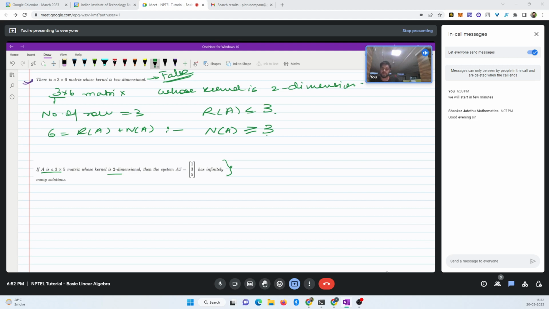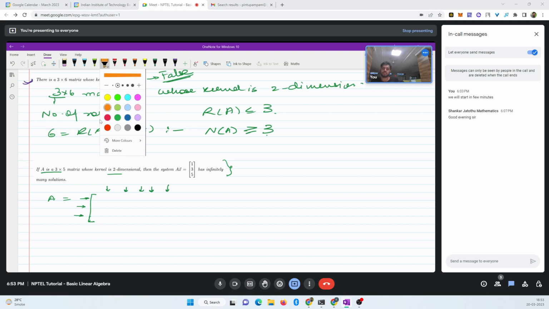What we are given is that we have some matrix A which has 3 rows and 5 columns, and if we include our augmented matrix, we have one more column corresponding to this B. Okay, this is A and B.